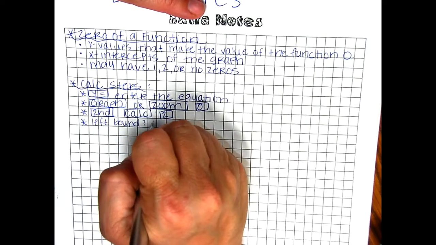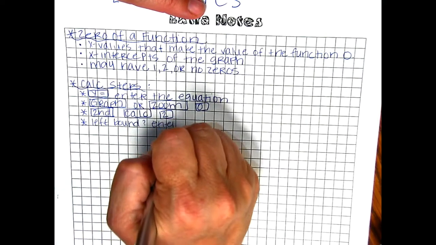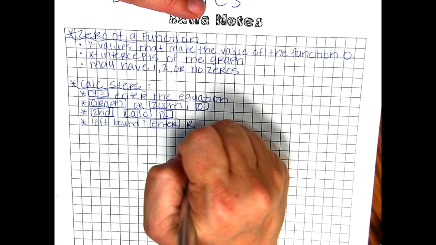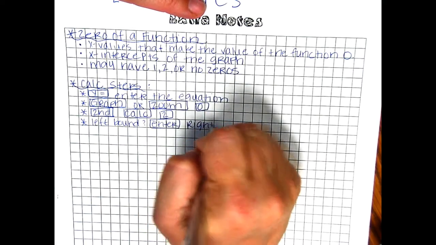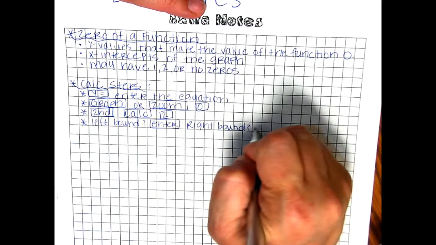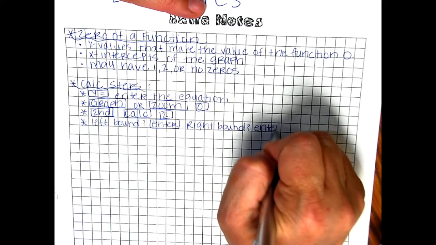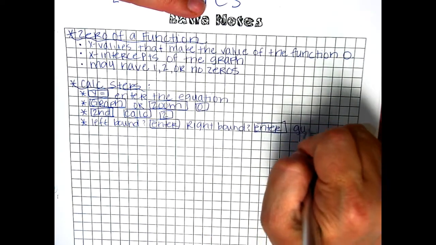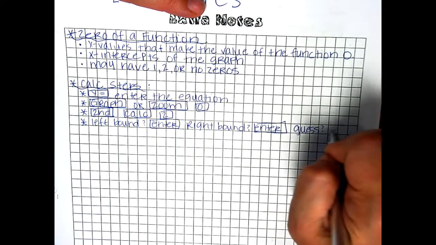You have to enter. And then it'll say right bound. Again, you're going to have to hit enter. And lastly, it will say guess. And you're going to hit enter again.